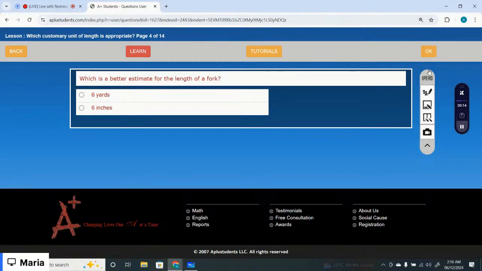Which is a better estimate for the length of a fork? 6 yards, 6 inch.